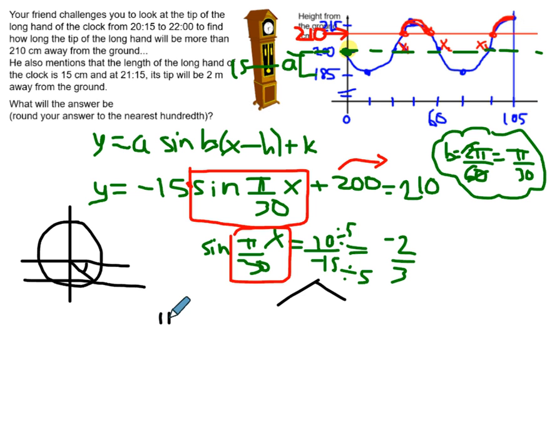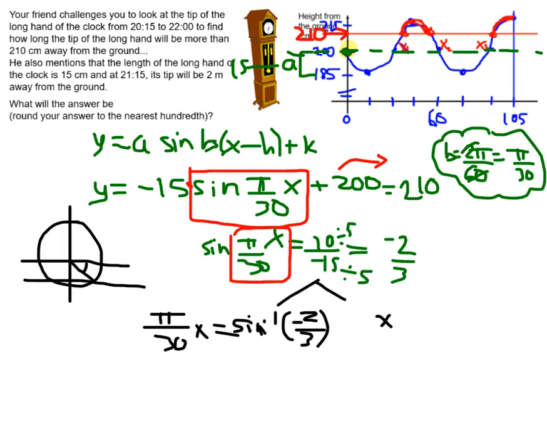So pi over 30x will be equal to sine negative 1 of negative 2/3. That's our first answer.